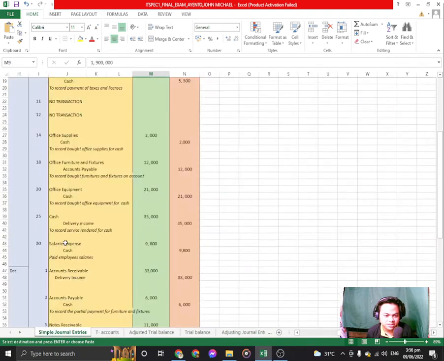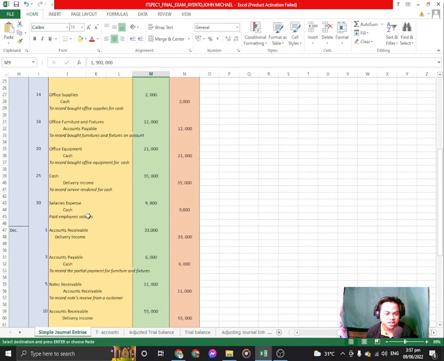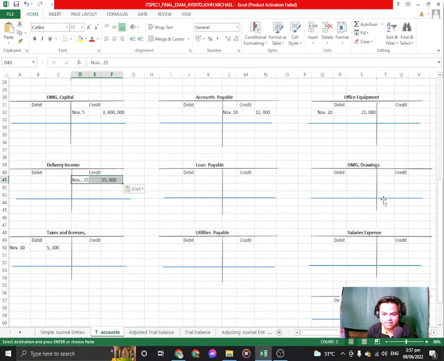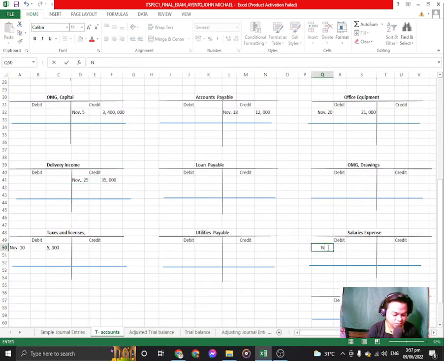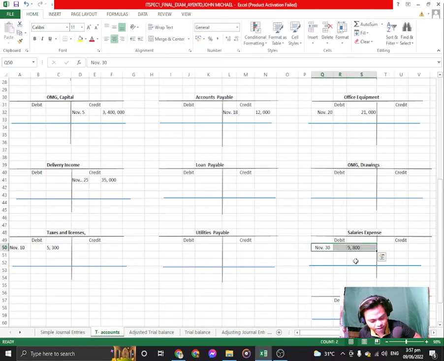Okay, we're going to November 30. The salaries expense for the debit, we have 9,800 pesos, and the cash for the credit is 9,800 pesos. Salaries expense, November 30, the amount of 9,800 pesos.